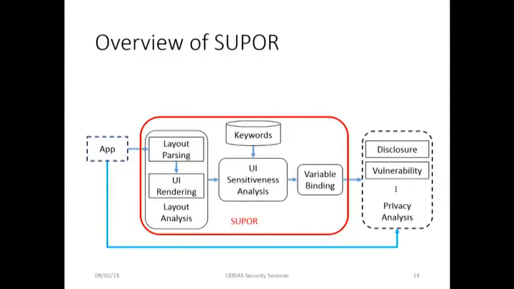SUPOR itself consists of three parts. The first one is statically parsing the layouts and rendering the layouts to the UIs. Then SUPOR tries to determine the sensitiveness of the input fields. At the end, it tries to bind the discovered sensitive user inputs to the variables in the code.